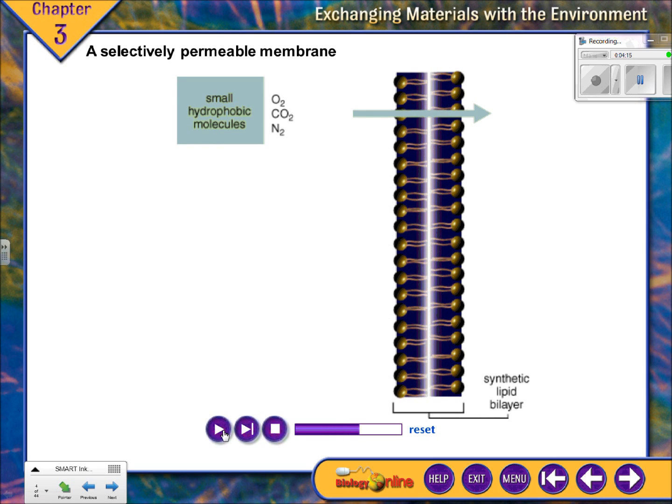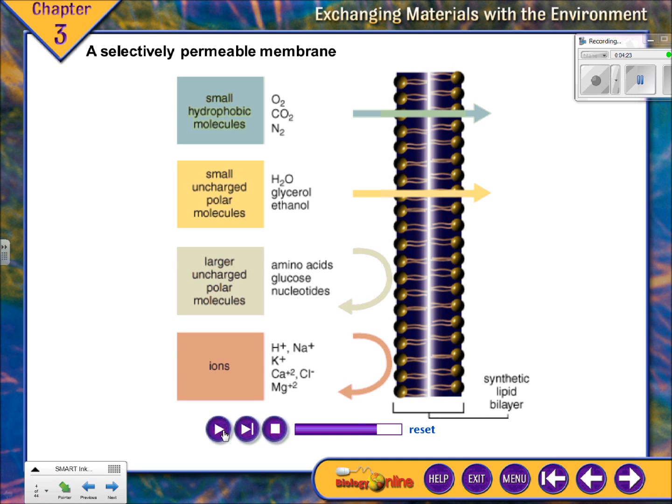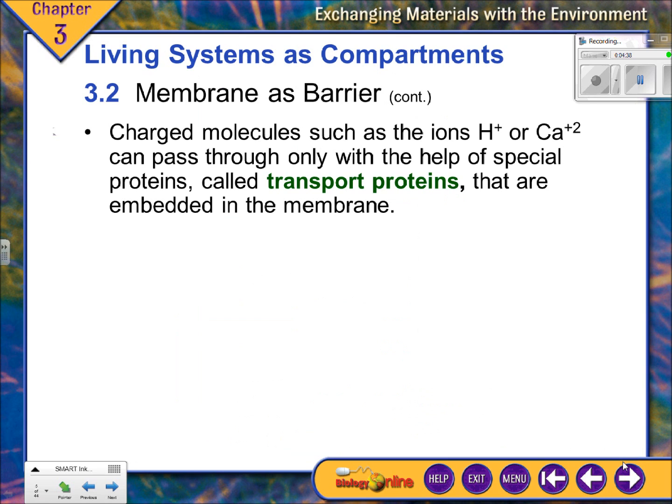Small polar molecules such as water, glycerol, and ethanol can also pass freely across the membrane. Larger polar molecules and ions would be repelled by the membrane. By limiting entry, a membrane is selectively permeable, which means that membranes regulate the exchange of materials in a very specific way. So, when you talk about the function of the cell membrane, that's it right there.